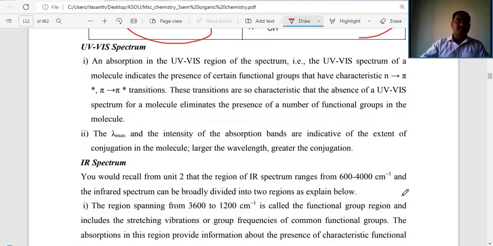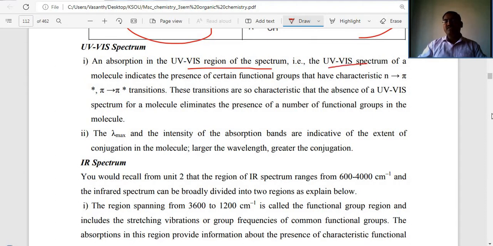In the case of the UV visible spectrum, absorption in the UV visible region of a molecule indicates the presence of certain functional groups that have characteristic n to pi star and pi to pi star transitions.